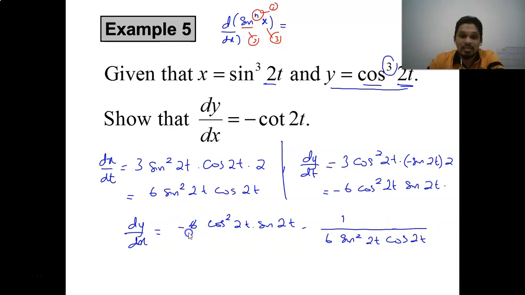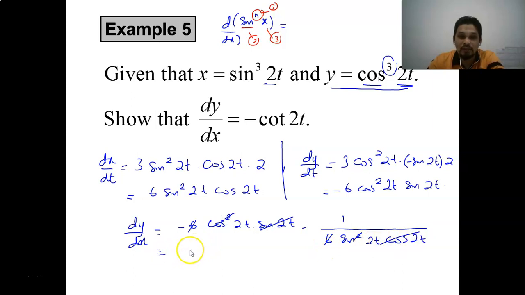So negative 6 divided by 6. Okay, clear. And then sine squared 2t divided by sine 2t, so we cancel one of the sines. And cos squared 2t divided by cos 2t, so we cancel one of the cosines with this one here.